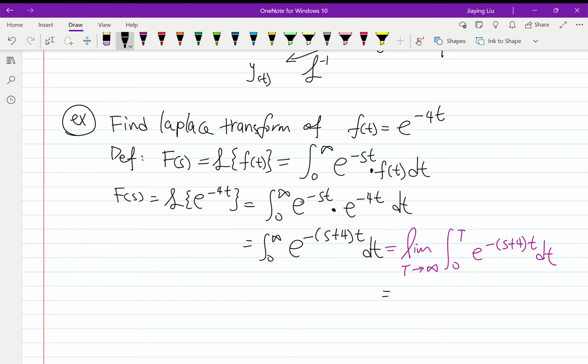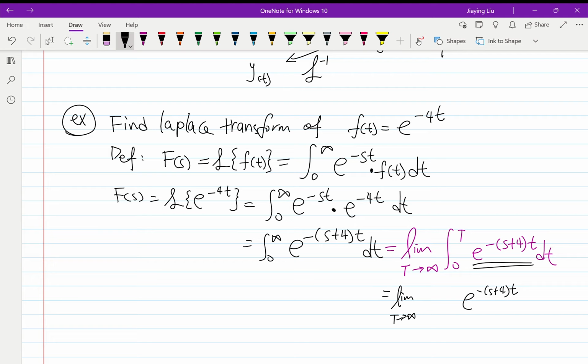So that's going to be the limit as T goes to infinity. If we find the antiderivative, it's exponential, so it's e to the negative (s plus 4)t. But when we take the derivative, we want to end up with this. So we have to cancel this extra part when we take the derivative.